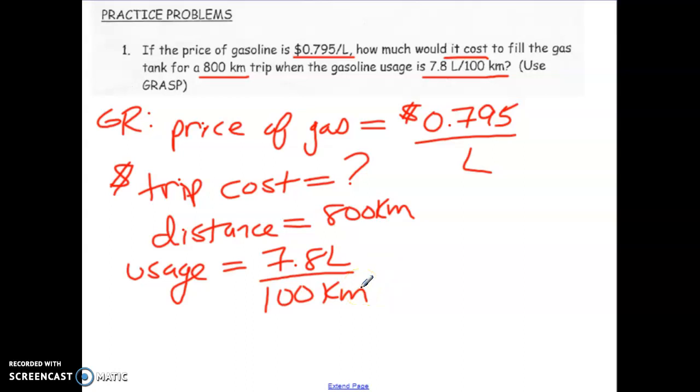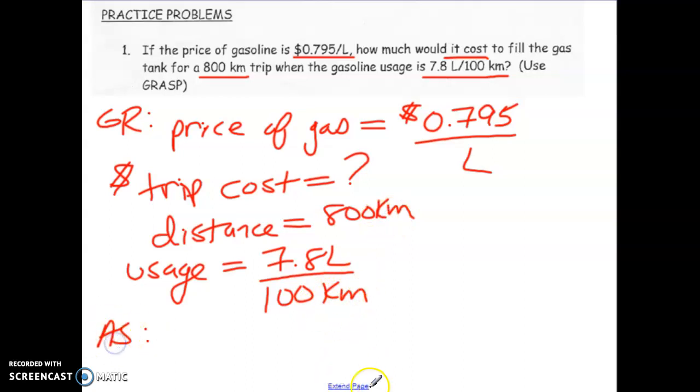You have to think about how you are going to get rid of these units of kilometers. Well, if we multiply the distance times our usage, you can see how kilometers is in the denominator, so we can actually get rid of it.